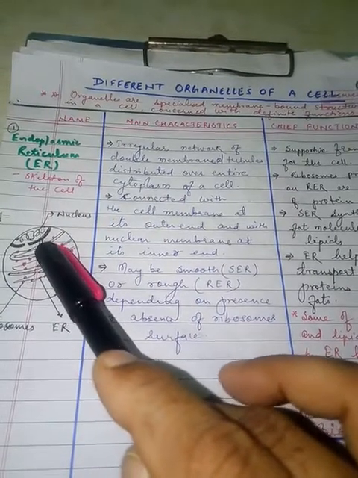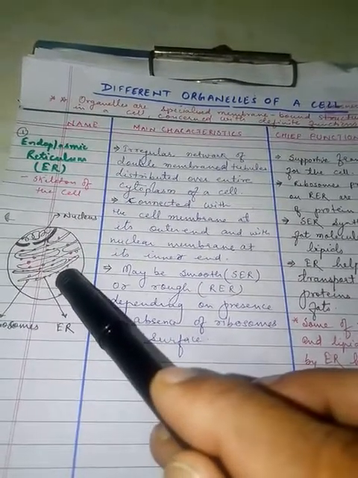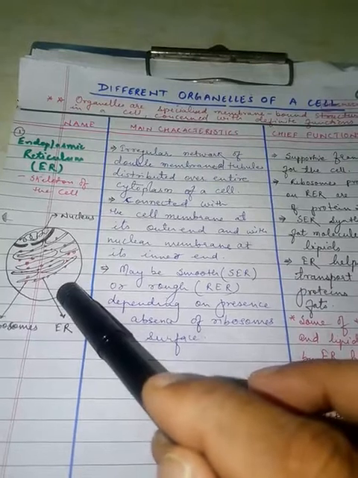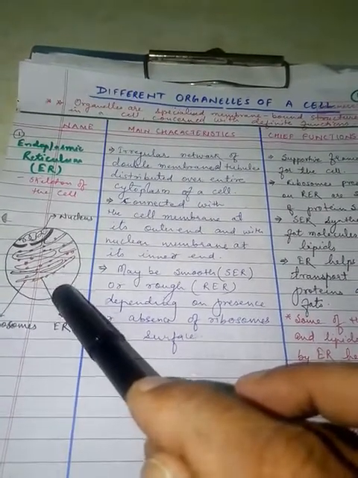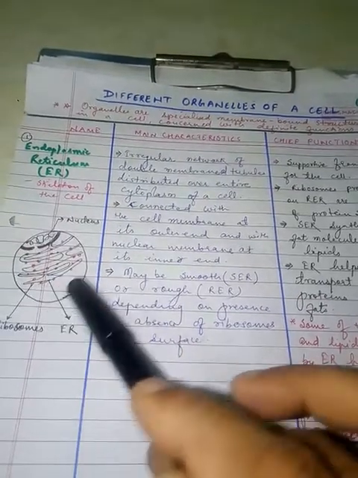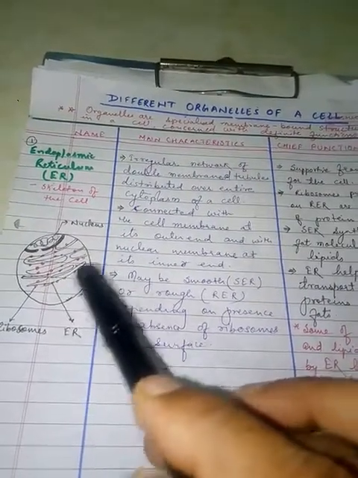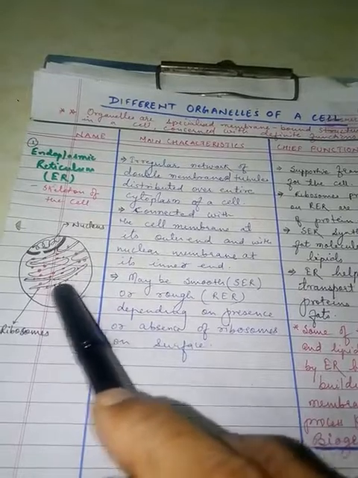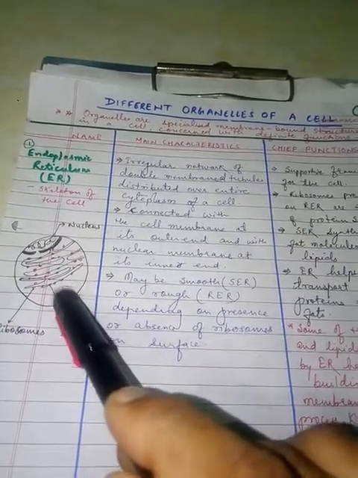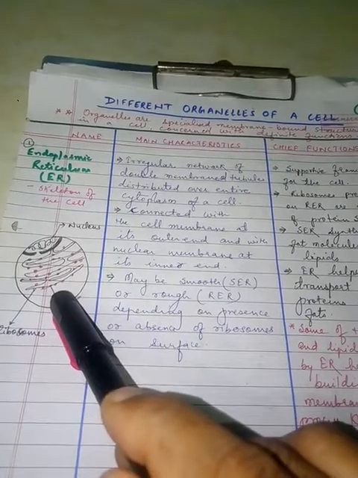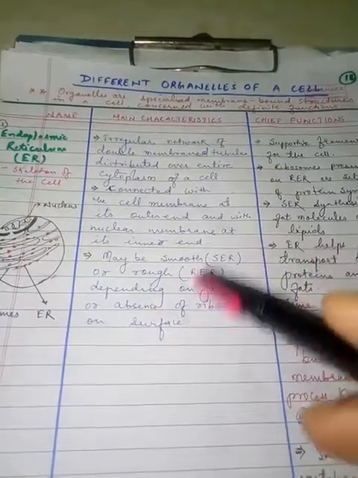You can see here, and towards the outer side it remains connected with the plasma membrane. This is just a symbolic diagram, so here it is not being shown, but towards its outer end it remains connected with the plasma membrane of the cell.